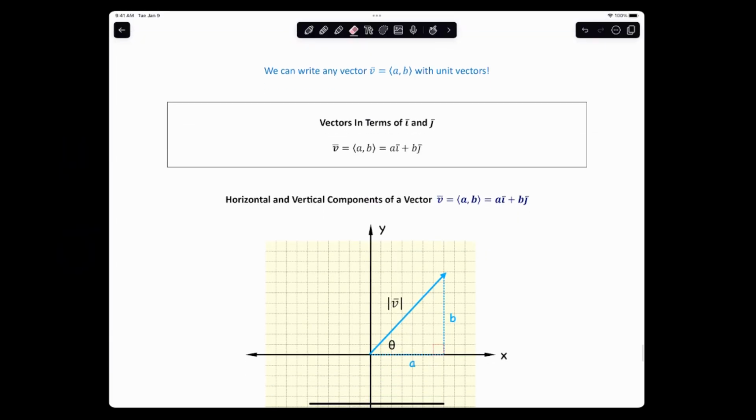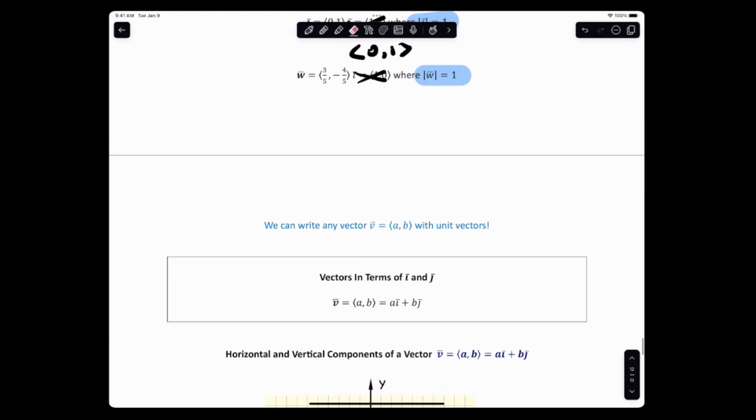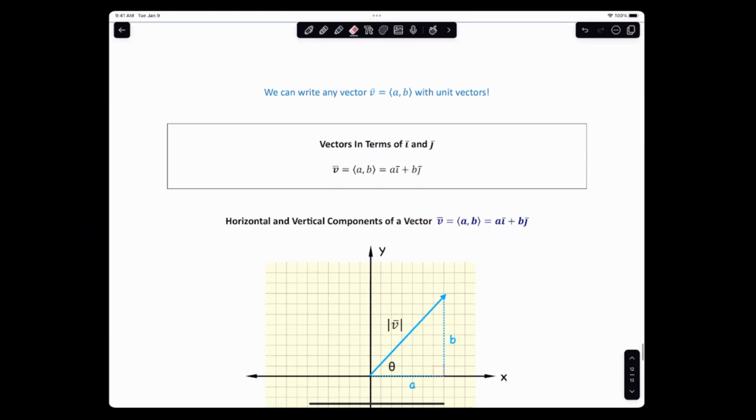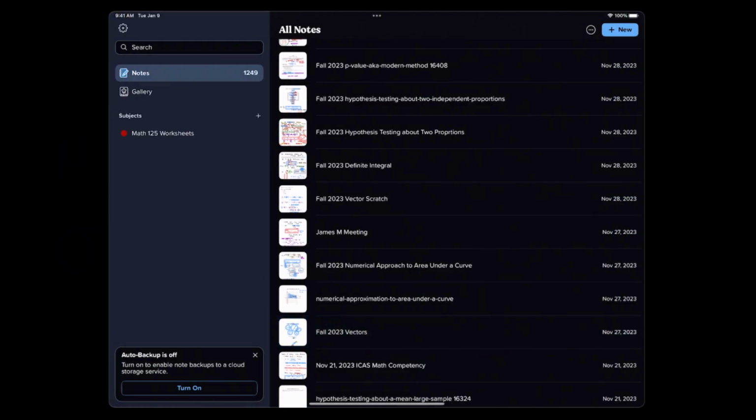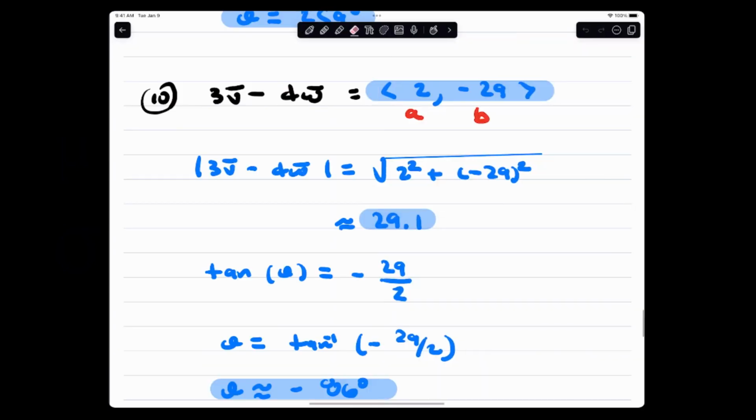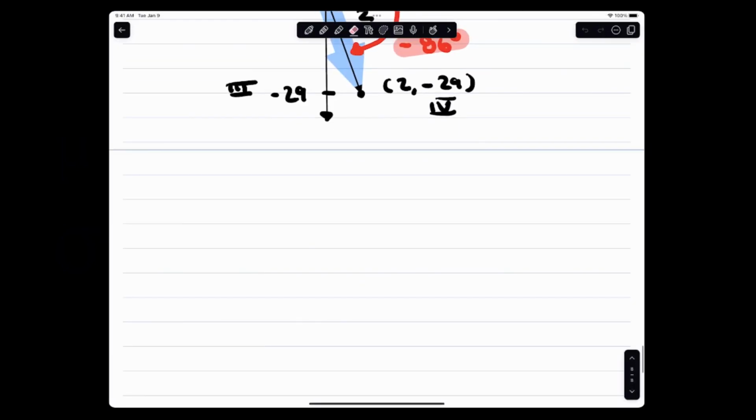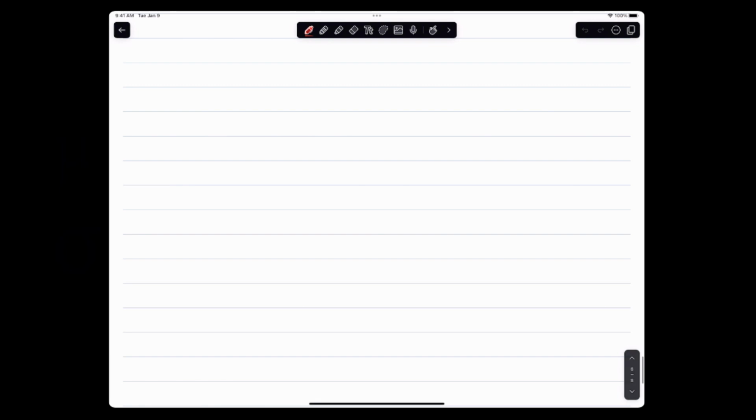On your homework as well. So we say we can write any vector. So let me go back and remind you guys, we had some very special vectors yesterday. Let's go to our Scratch. We have some very special vectors we gave you guys yesterday, special unit vectors.